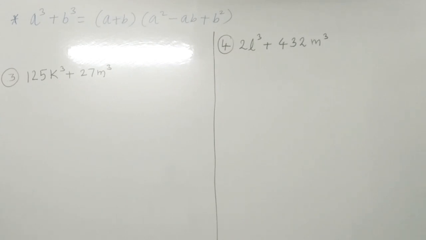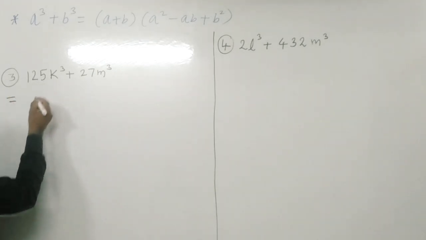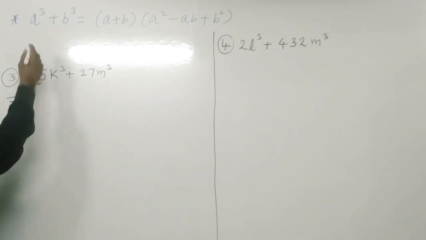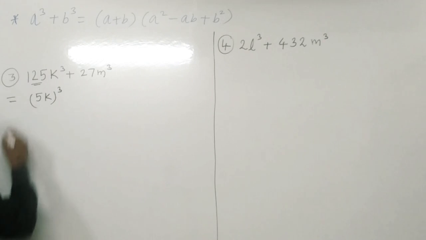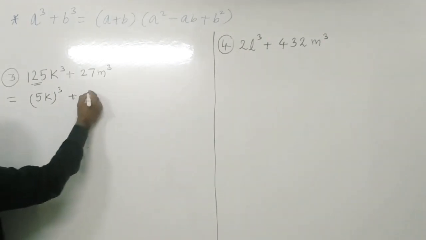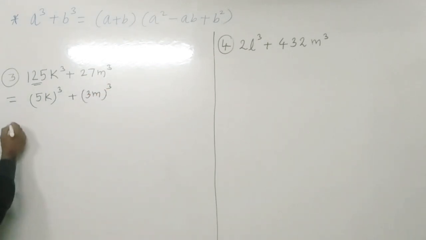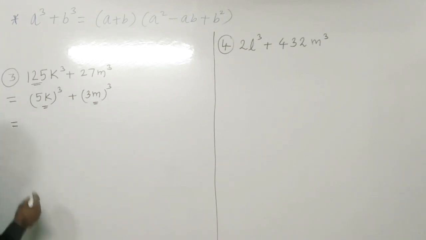Third example, 125k cube plus 27m cube. First step, write the numbers in the standard form, cube form, a cube plus b cube. So (5k) cube, since 125 is the cube of 5, and 27 is the cube of 3, (3m) cube. Therefore, now a is equal to 5k and b is equal to 3m.